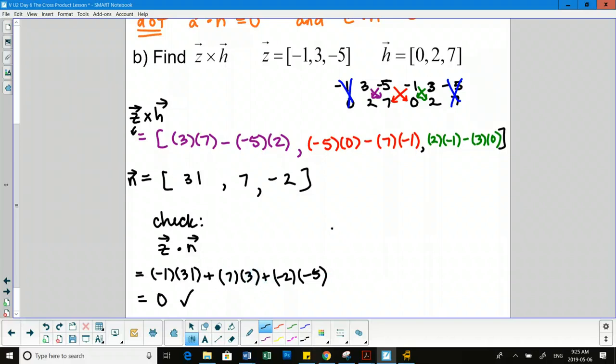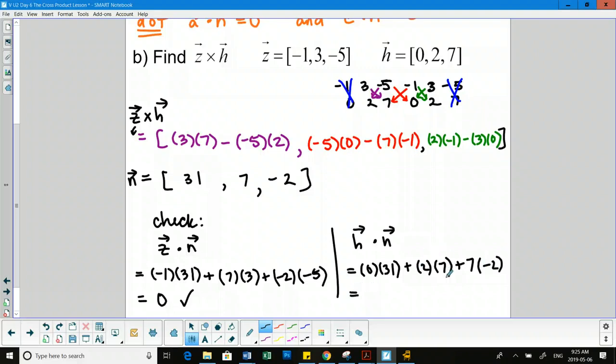That's what we wanted. Then we check h dotted with our new vector. So it will be 0 times 31 plus 2 times 7 plus 7 times negative 2. We get 0 for the first one, and then positive 14 and negative 14. So we get 0 here. You want 0 because that means it's perpendicular.